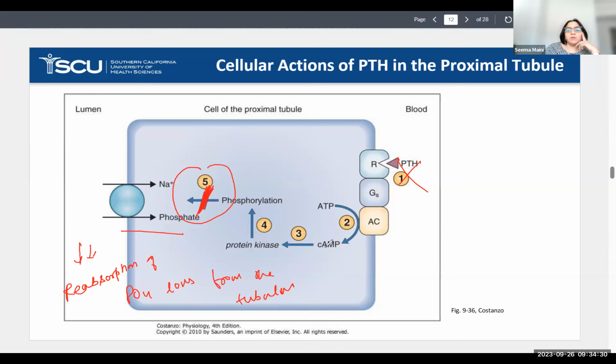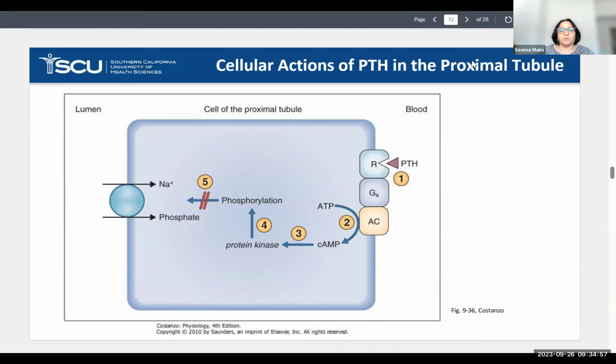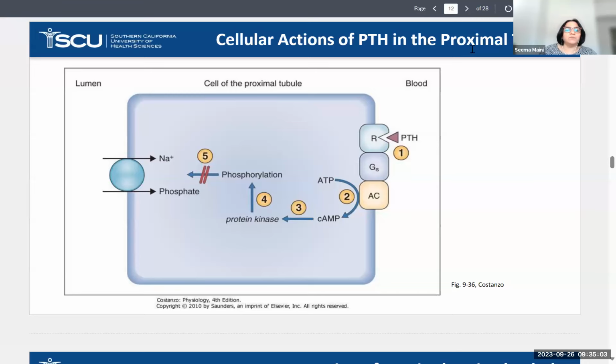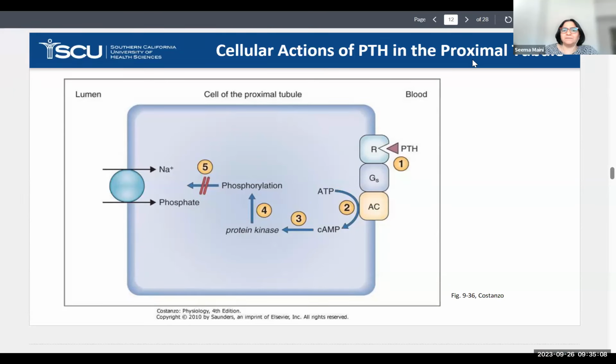But because of cyclic AMP production under the influence of parathyroid hormone, this pump will not work, phosphate will not be reabsorbed, and it will be removed along with the filtrate. Of course, 15% more will be reabsorbed in the descending limb of the loop of Henle, but 15% will be excreted. Make sense? This is how parathyroid hormone works. It inhibits absorption of sodium phosphate by the sodium phosphate co-transporter. Is that clear? Yeah, I'm sorry about that.